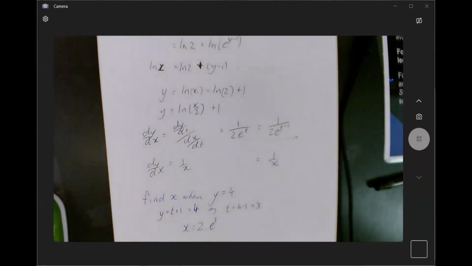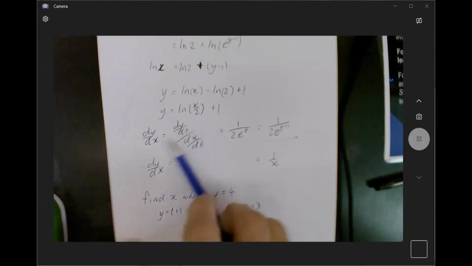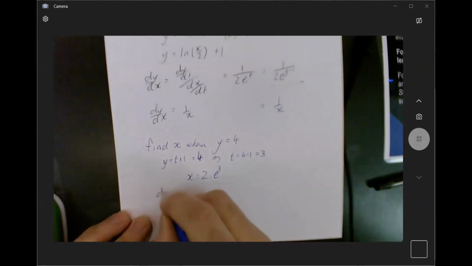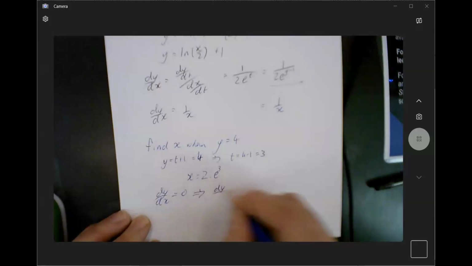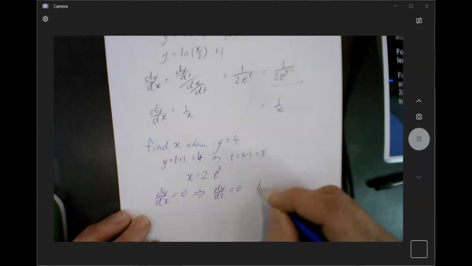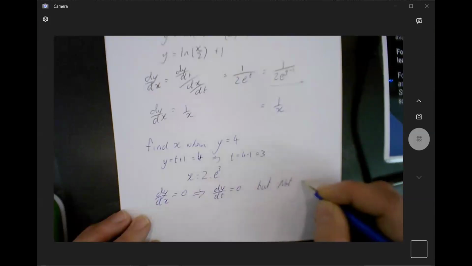So what we may do is get you to identify these points. Specifically, because of the way this thing worked out as a function, I may ask, where are the turning points? Or where is the derivative not defined? If you think about it, dy on dx equal to 0 is actually saying that I want dy on dt equal to 0, but not dx on dt equal to 0.